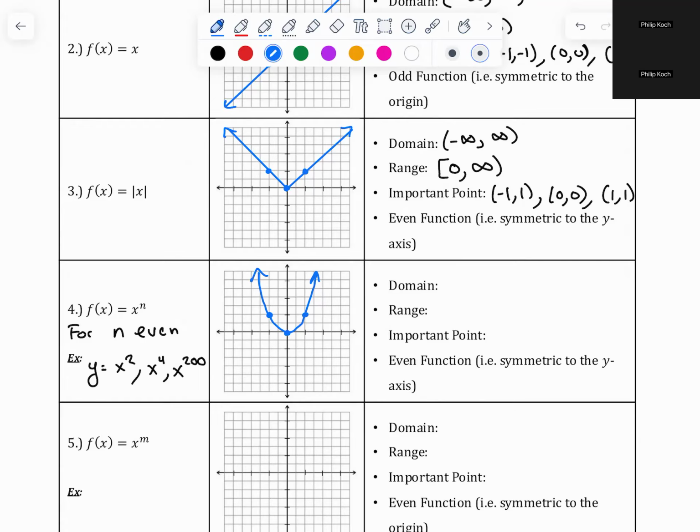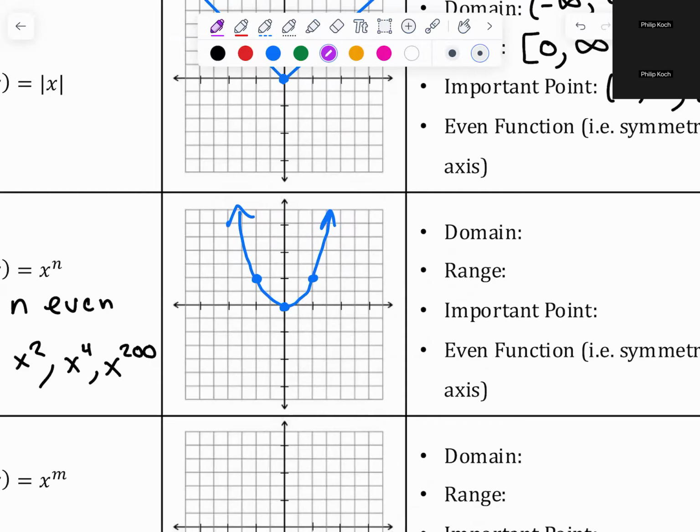Okay. So x squared in particular looks like that. The higher the degree, the higher the power on the exponent, the steeper the graph looks. So that's what x squared looks like. X to the fourth will look kind of like this.